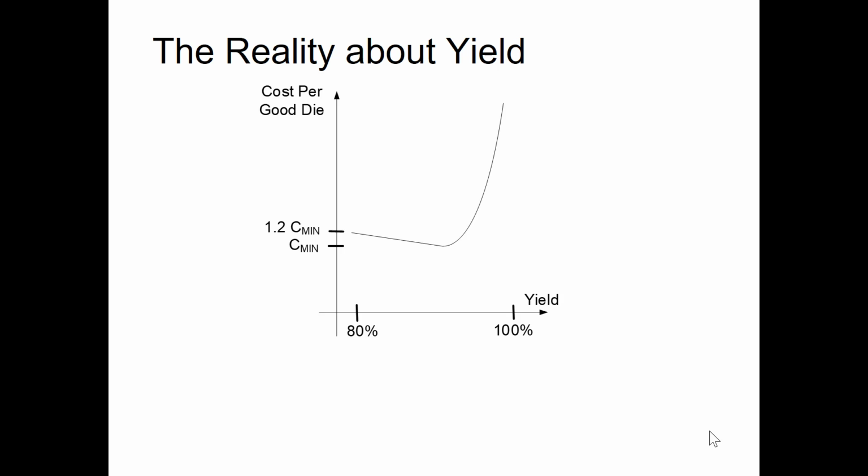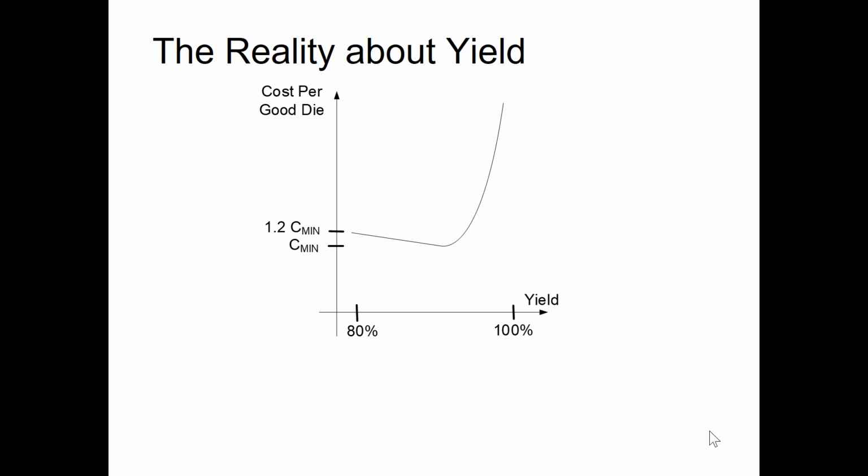But as that yield starts to approach 100%, the cost per good die will turn around and get really high. So we can look at our goal for yield in a different way. And that goal should be to set the yield at a level that will minimize the cost per good die.